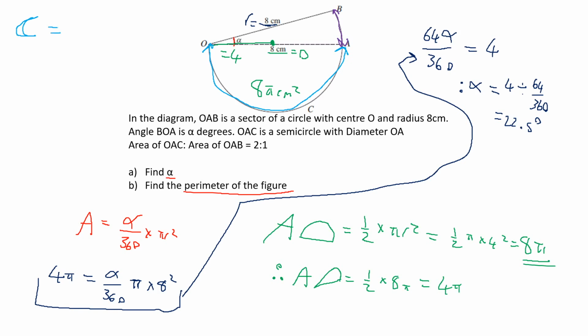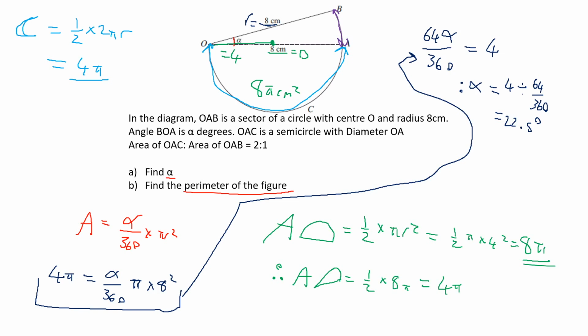C is going to equal 180 over 360, which is a half, times 2 pi r, or pi times 8, either or. So it's going to be, again, 4 pi, isn't it? We sub in 4 for that, we get 8. We divide by 2. It's just going to be 4 pi.